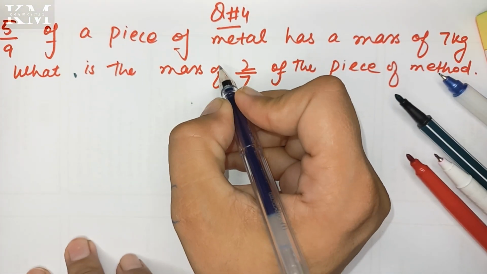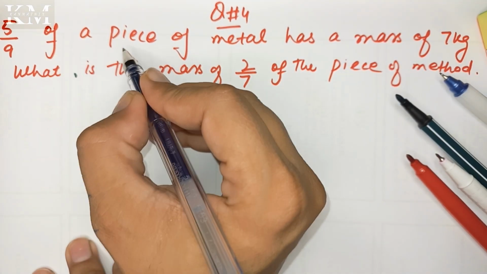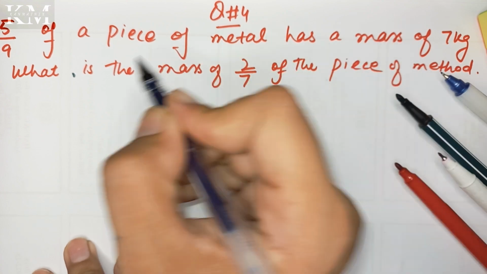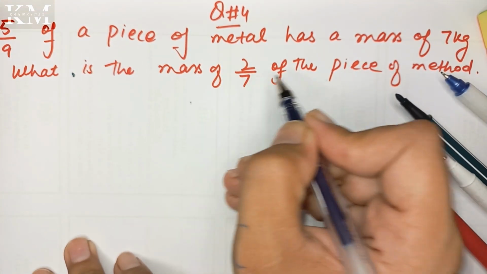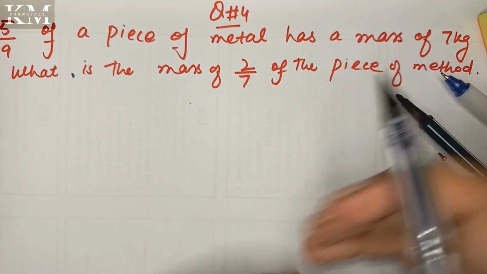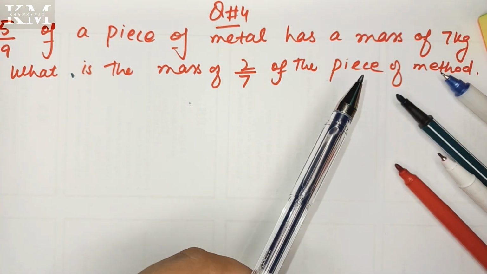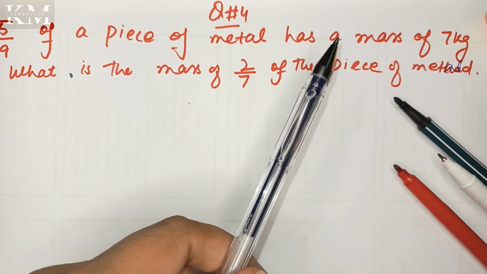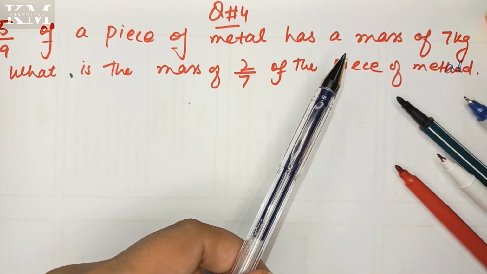Question number 4. 5 by 9 of a piece of metal has a mass of 7 kg. What is the mass of 2 by 7 of the piece of metal? Dear students, you have been given some quantity of the metal and also the mass.